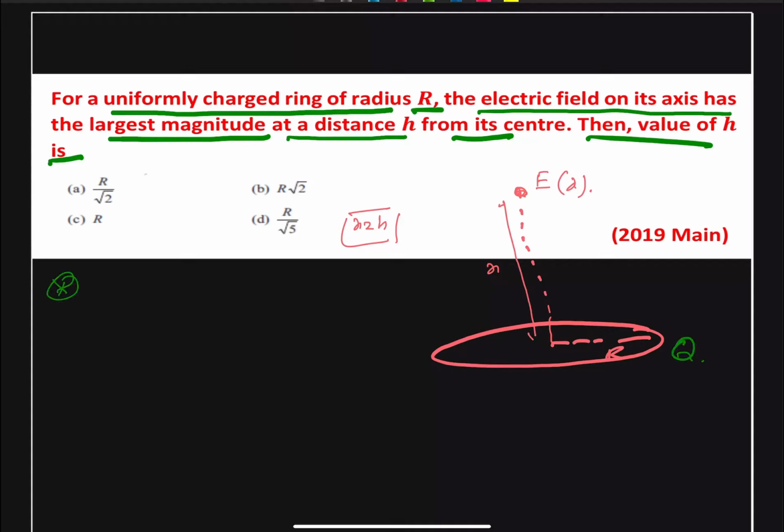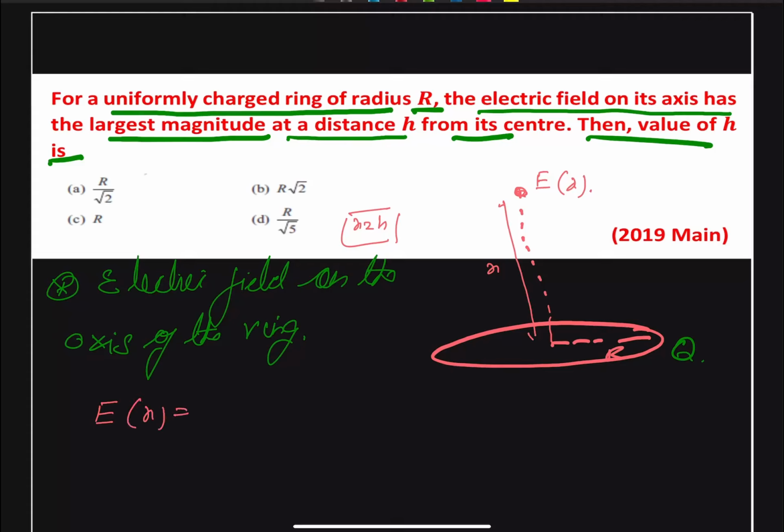Therefore we can say electric field on the axis of the ring, and we can write that formula that our E of x will be equal to k, and this comes as q divided by x square plus r square to the power 3 by 2, multiplied by x.